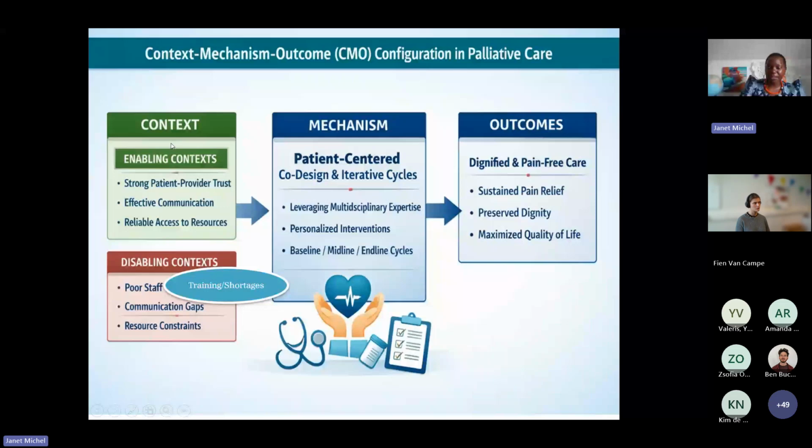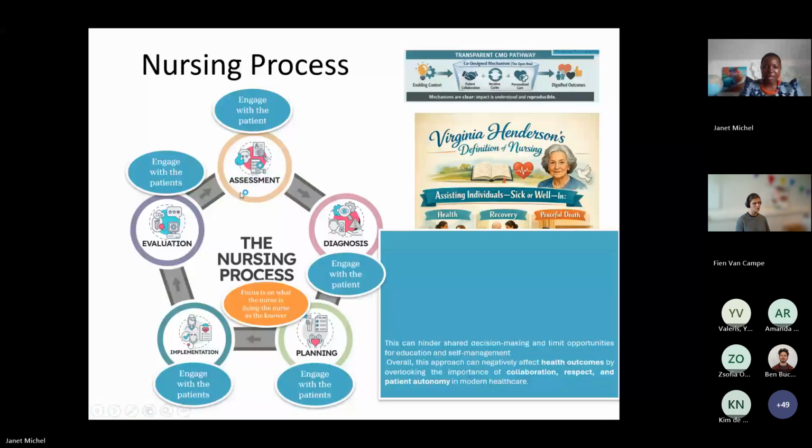Let's look at the nursing process. You do your assessment, diagnosis, planning, implementation, and evaluation, which is really, really important. But the challenge, which is something that needs to be strengthened, is that the nursing process is more about what the nurse is doing. It's so important to remember to involve the patient as an active player.